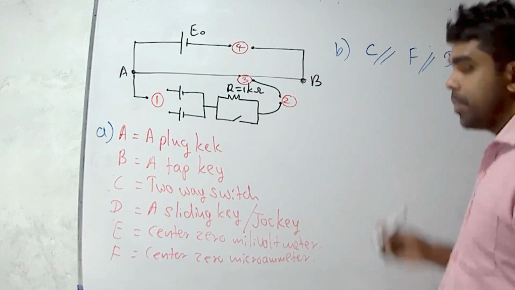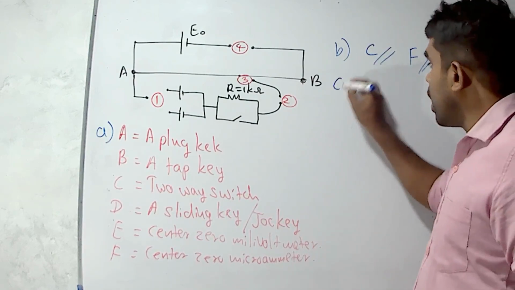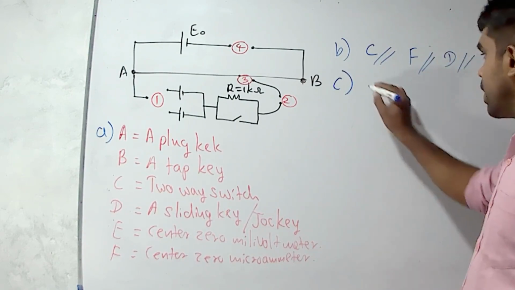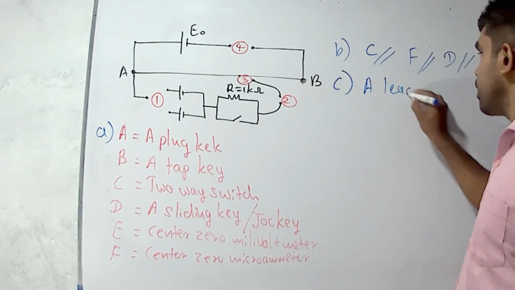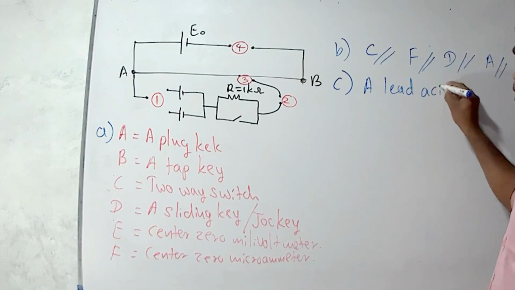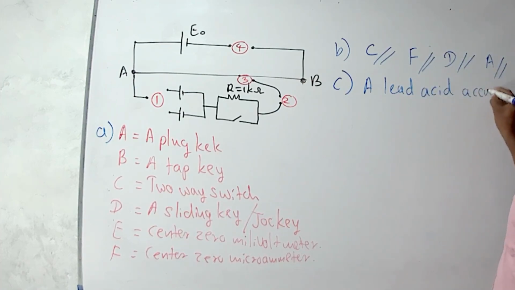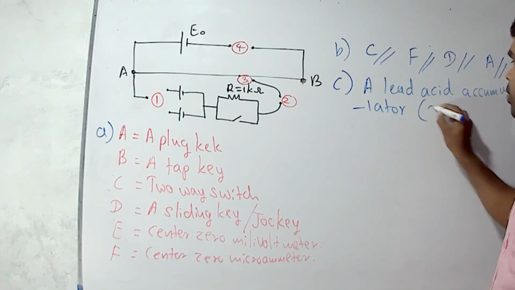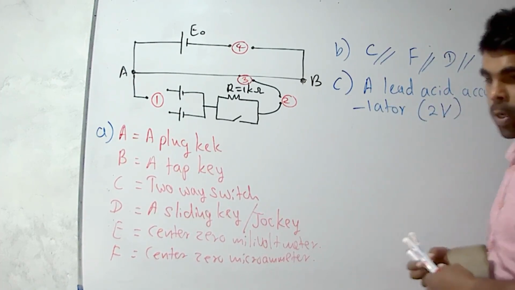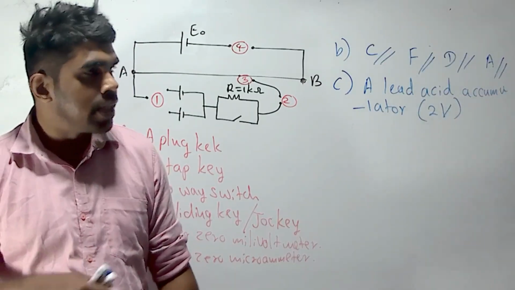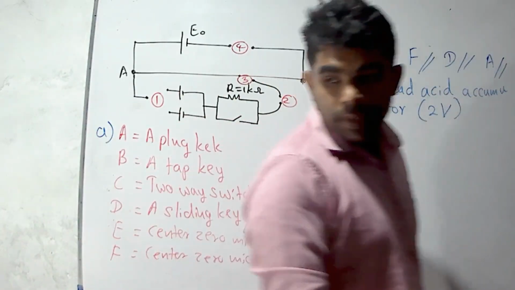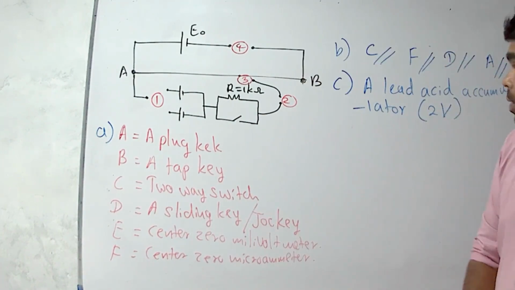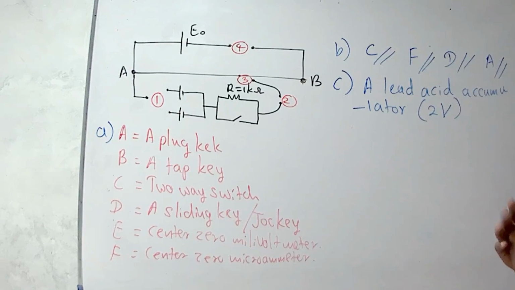But normally in the laboratory we use a lead acid accumulator. Its voltage should be 2 volts. If we are using a nickel cadmium cell, its EMF should be 1.2 volts.